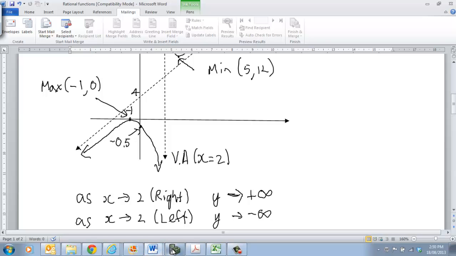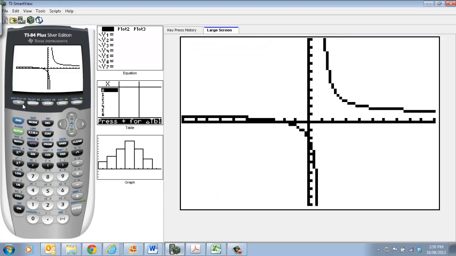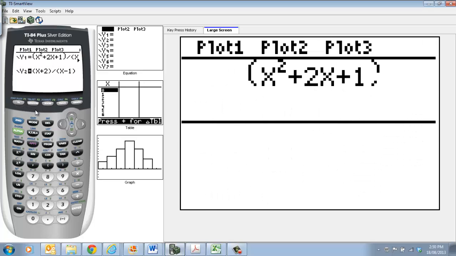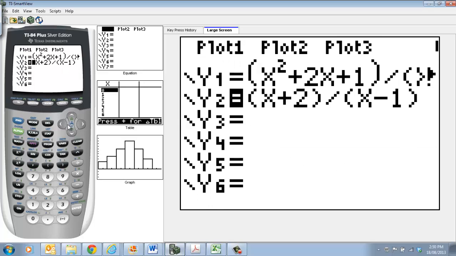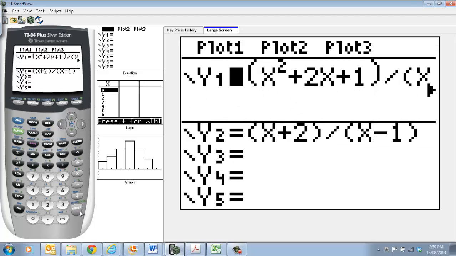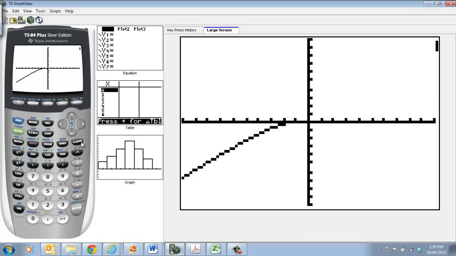Now graphing that on your calculator, I'm just showing you what you need to do. I'll turn this other one off, enter, go to this one at the top there, enter. I've put it in exactly the same using my brackets, and when I graph that, it matches what I'm seeing there, but I'm not seeing the top bit.